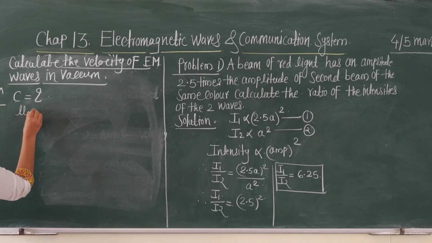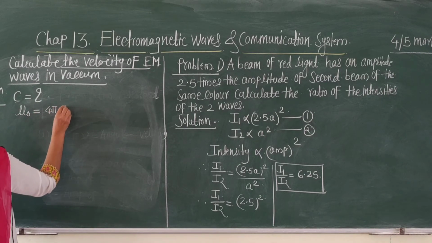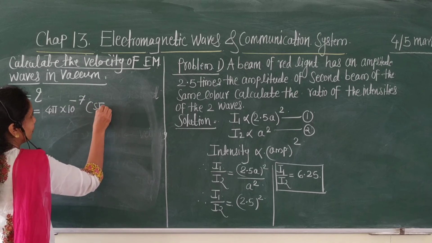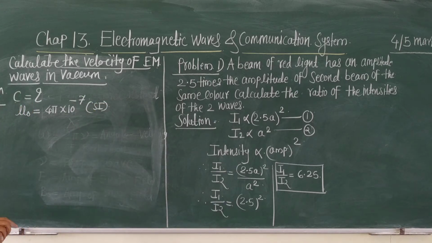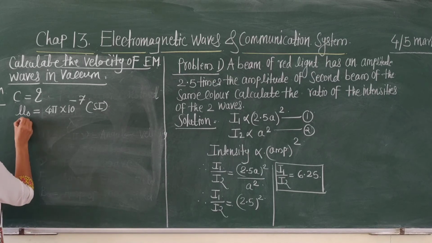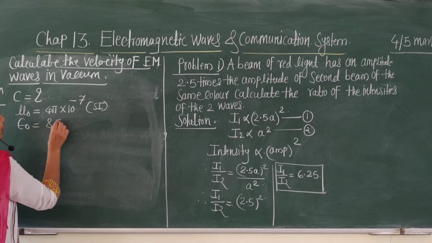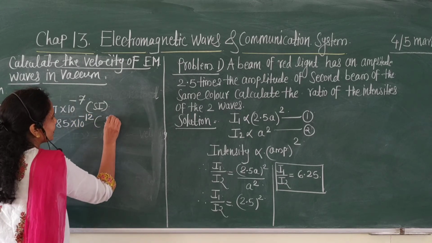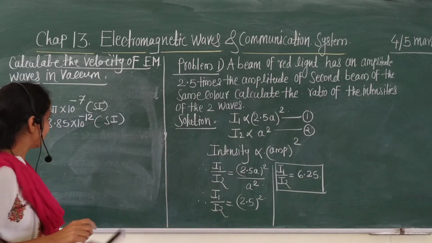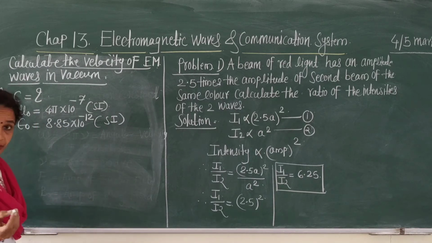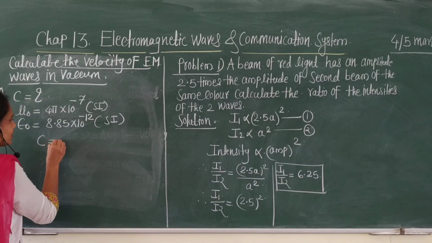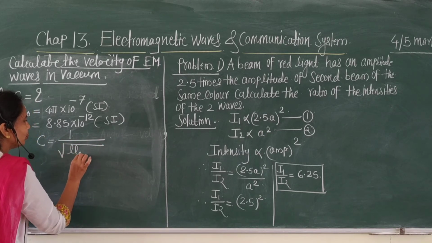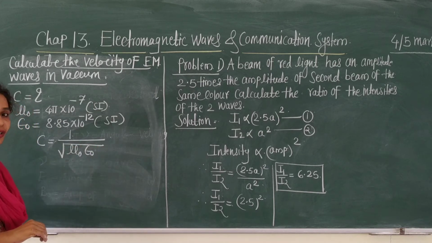Mu naught is given as 4 pi into 10 raised to minus 7 in SI units. Next, epsilon naught is 8.85 into 10 raised to minus 12 in SI units. Now we have to calculate c. What is the formula for c? c equals 1 upon the square root of mu naught into epsilon naught.